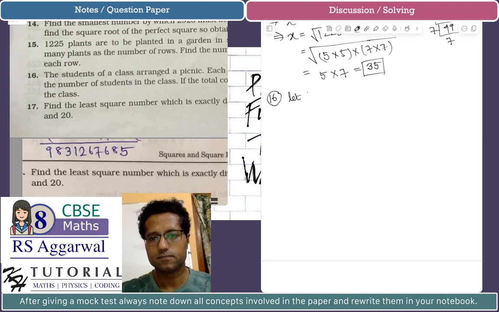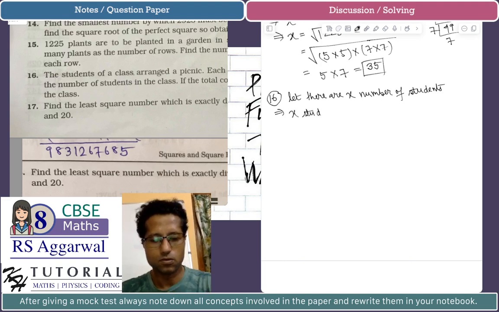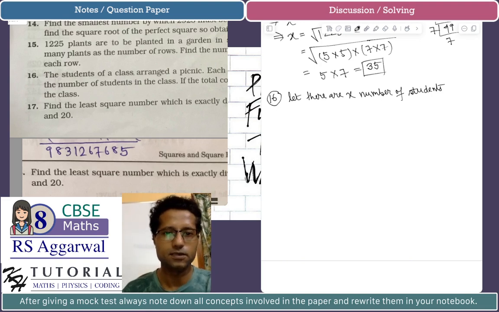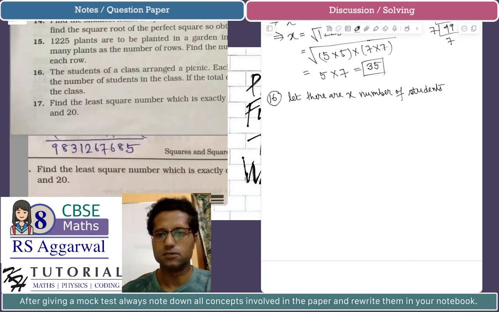So let there be x number of students. This implies x students. It is given that each student contributed as many rupees as the number of students in the class.